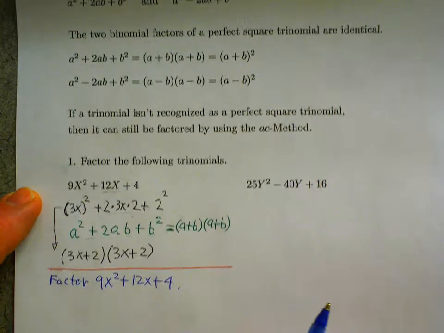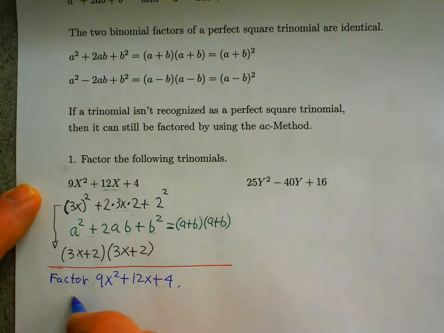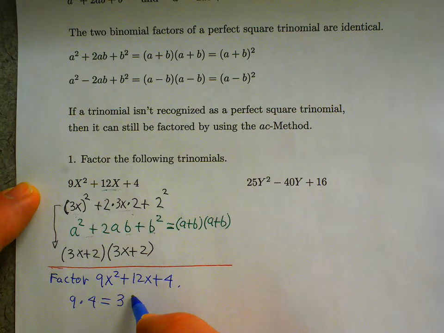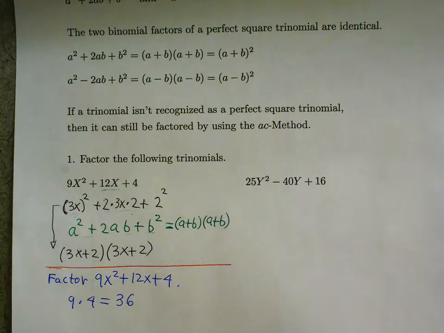So step 1, we multiply 9 times 4, and we get 36. And then we look for two integers that have a product of 36 and a sum of 12. Well, those two integers are 6 and 6. 6 times 6 is 36, and 6 plus 6 is 12.